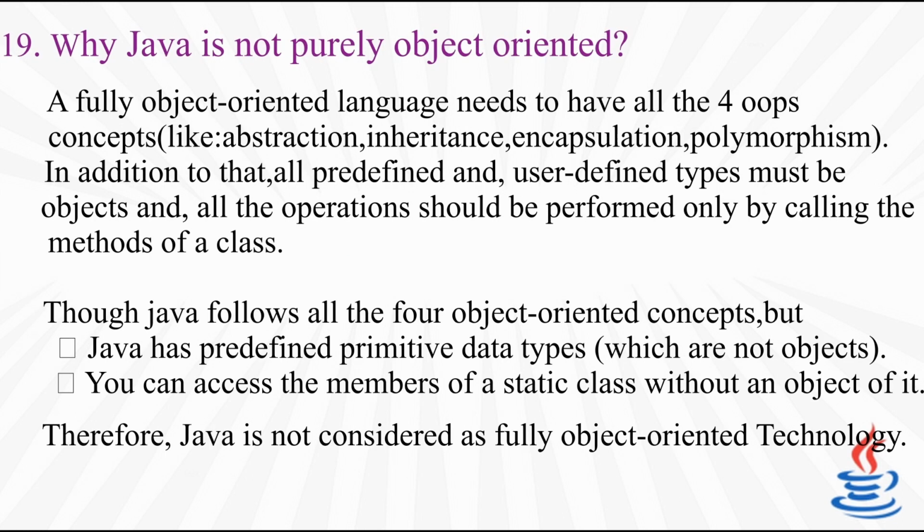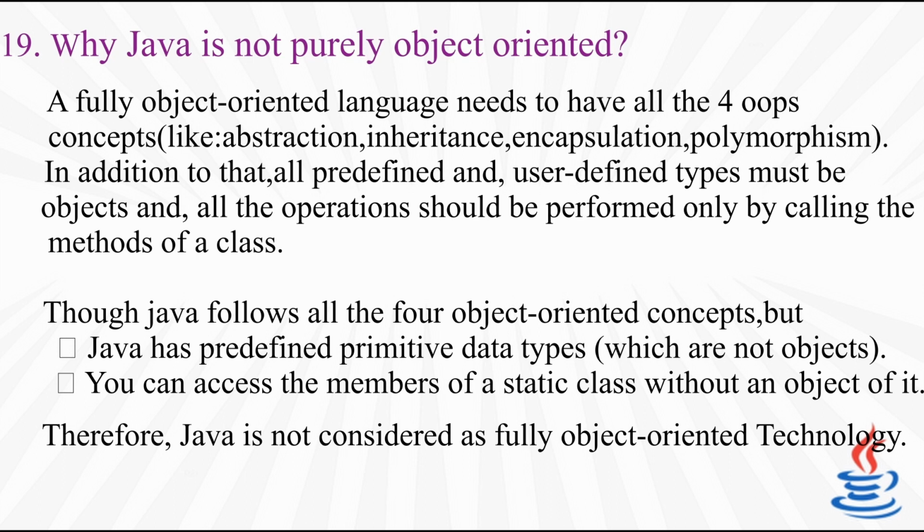Next question is, why is Java not purely object-oriented? A fully object-oriented language needs to have all four OOPS concepts: abstraction, inheritance, encapsulation, and polymorphism. In addition to that, all predefined and user-defined types must be objects, and all operations should be performed only by calling the methods of a class.